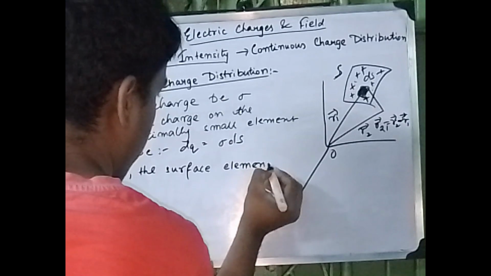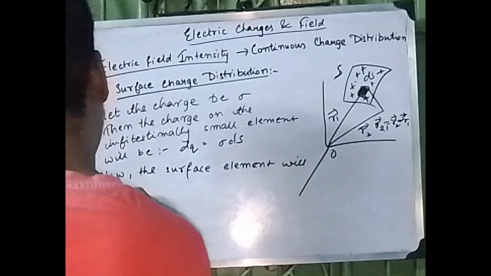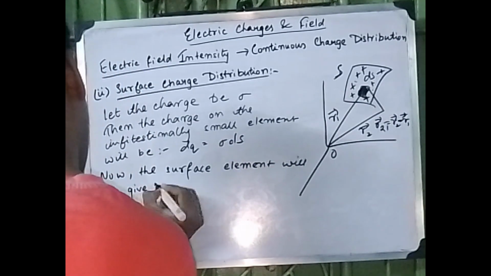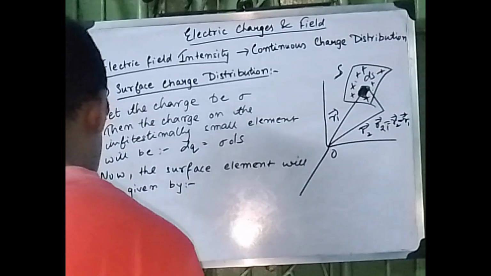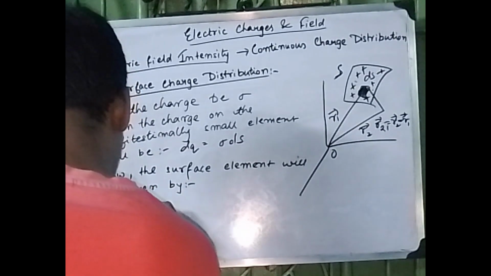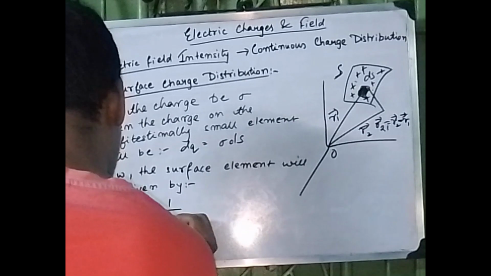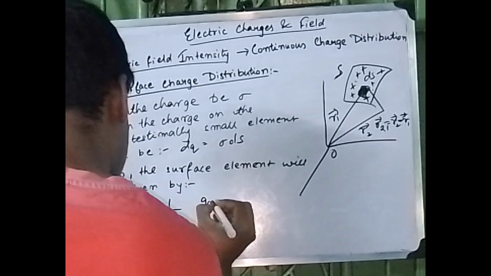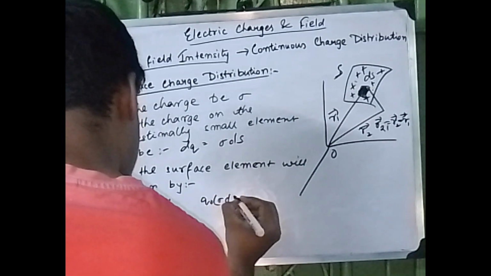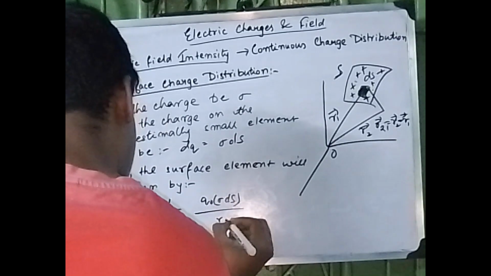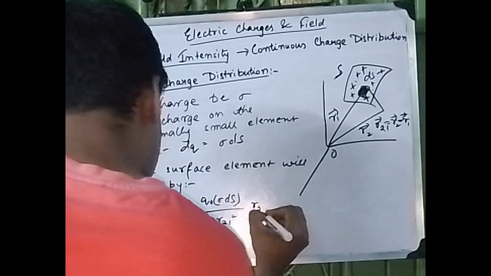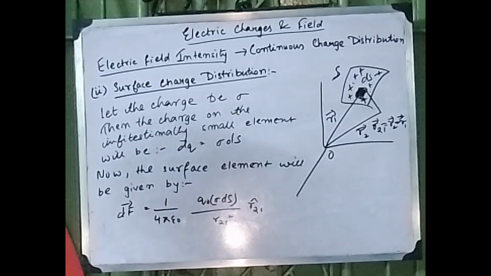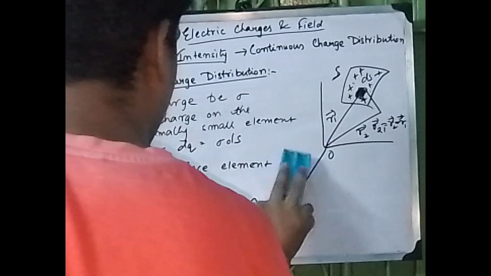Now the force due to the element will be given by d vector F equals 1 by 4 pi epsilon naught q naught sigma ds divided by r21 square unit vector r21.